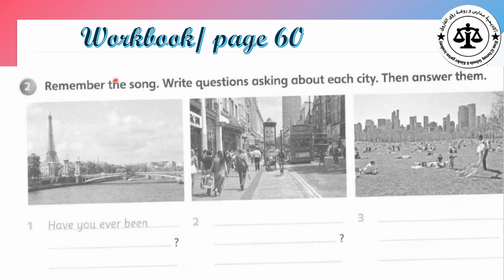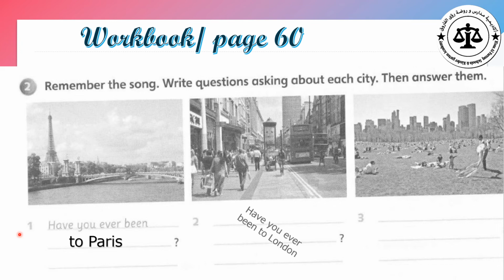Question number 2. Remember the song. Write questions asking about each city, then answer them. Here we have pictures. We want to write a question according to this picture to know what is the country in this picture. Like number 1, have you ever been where? Excellent. This is Paris. So, have you ever been to Paris?